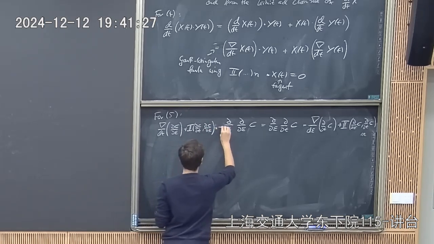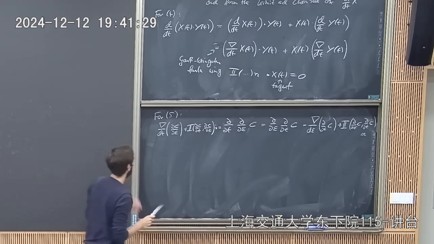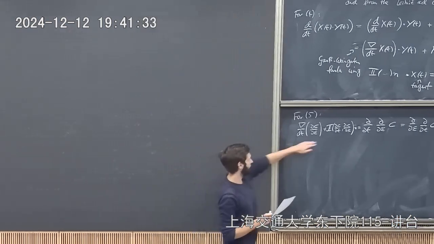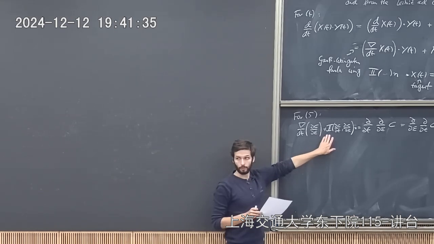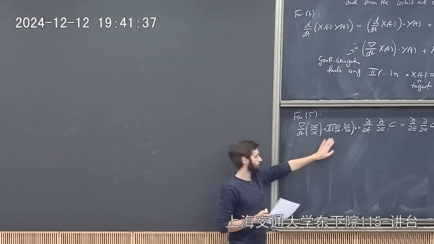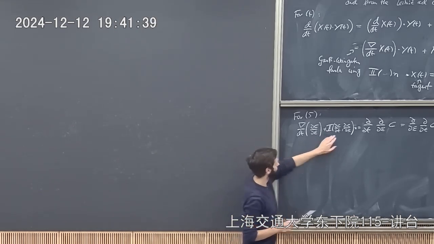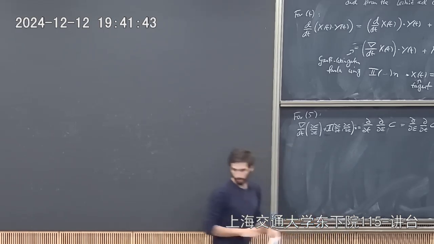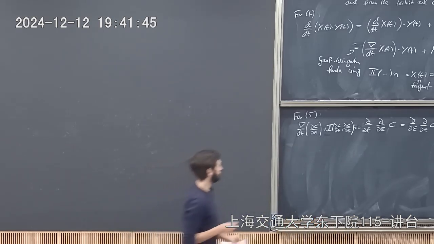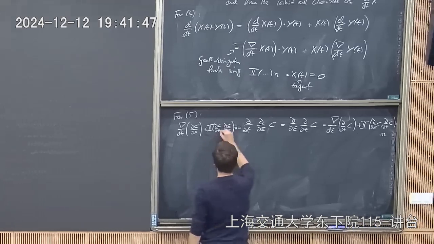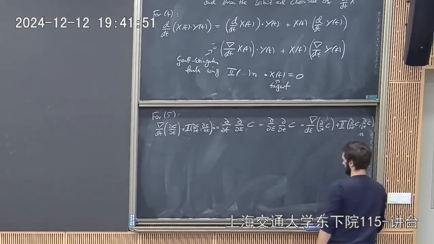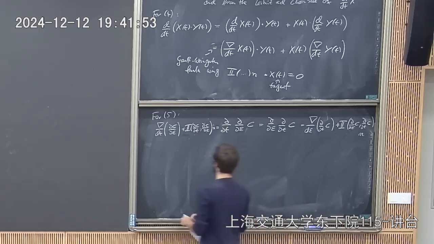And then again, there's a normal vector. And now the nice part is that the second fundamental form was symmetric, that we had shown at some point. So we can change the arguments and we get the same result. So you see now that this term here and this term here, they just cancel.